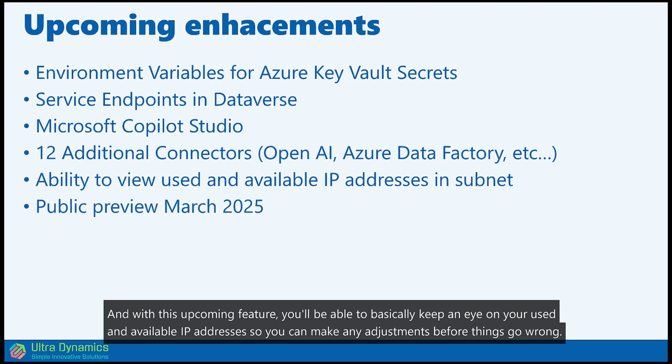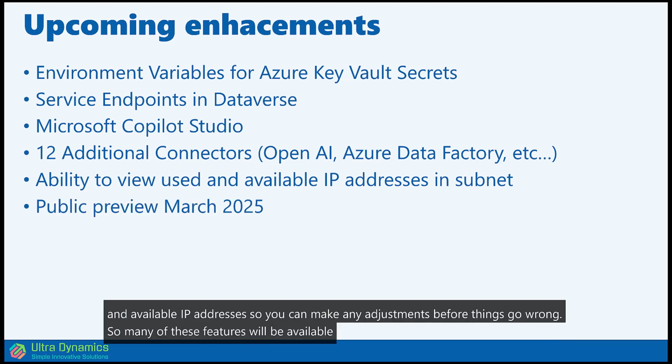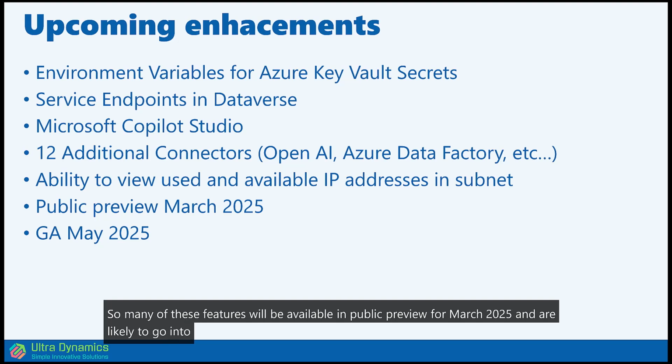So many of these features will be available in public preview for March 2025 and are likely to go into GA in May 2025. So stay tuned for these upcoming enhancements and probably more things in the future as well.